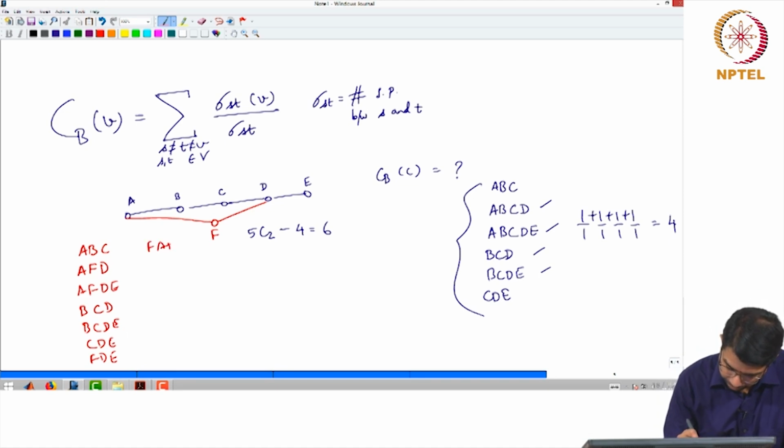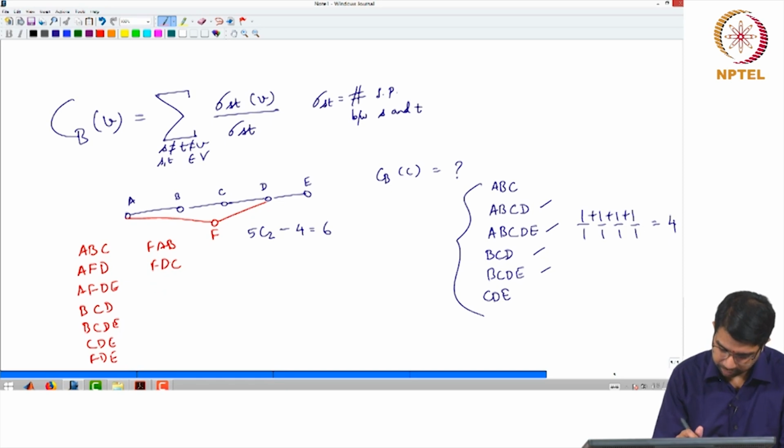And then you have F, A, B, F, D, C, F, A, B, C is not a shortest path.